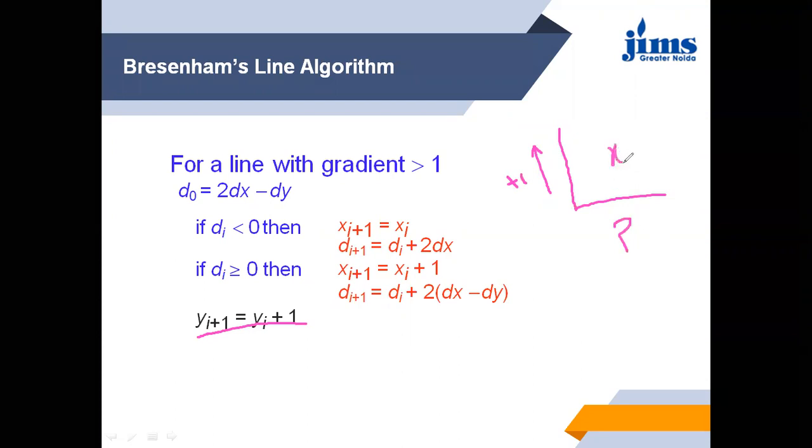Suppose the current pixel is xk, then it will be xk plus 1, or it will be xk. It will depend on the value of di. If di is less than 0, then the pixel will be the same. If di is greater than or equal to 0, then the next pixel is the one we have to draw.